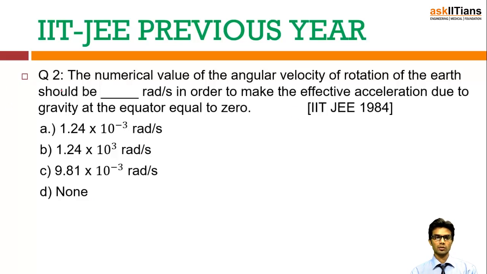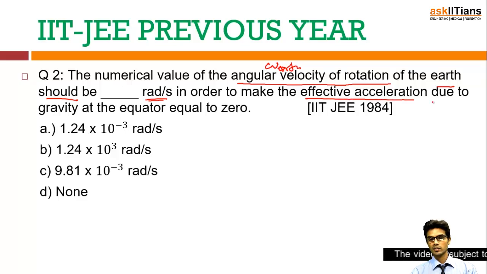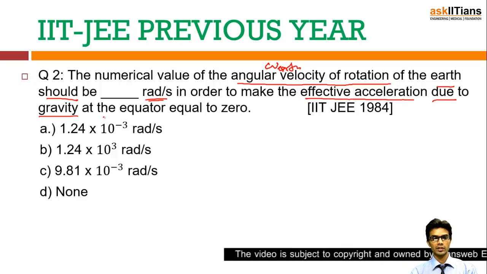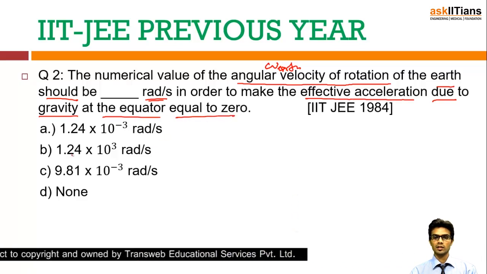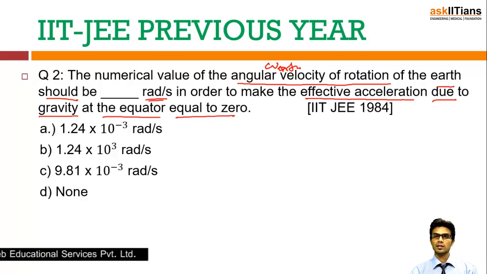The next question is: the numerical value of the angular velocity of rotation of the earth should be what? We have to find this angular velocity, omega of the earth, in order to make the effective acceleration due to gravity at the equator equal to 0. We have studied previously the variation in acceleration due to gravity due to rotation.